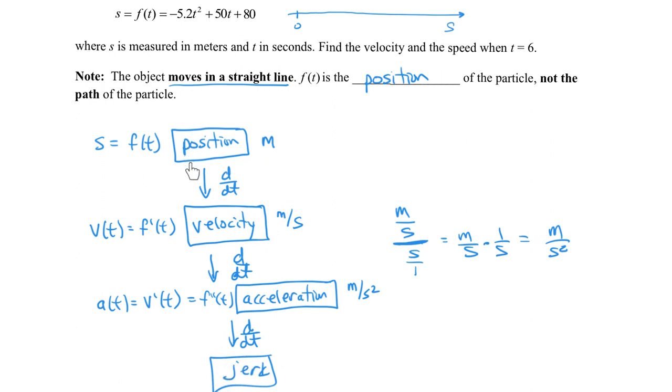But we will see all kinds of these in Calc 1 and Calc 2 and actually Calc 3 also. You'll see it in physics classes. So we'll see this a lot. So this is how it goes. You start with position, you take the derivative with respect to time to get velocity. Take the derivative with respect to time and you get acceleration.